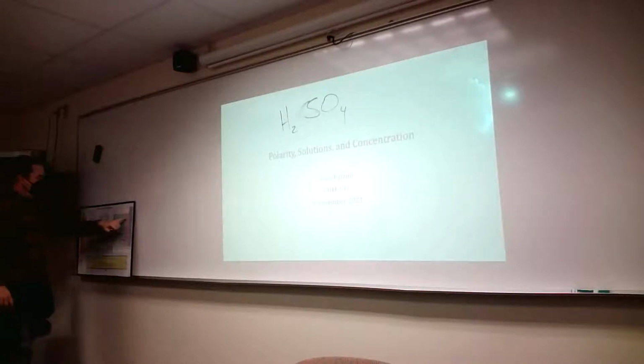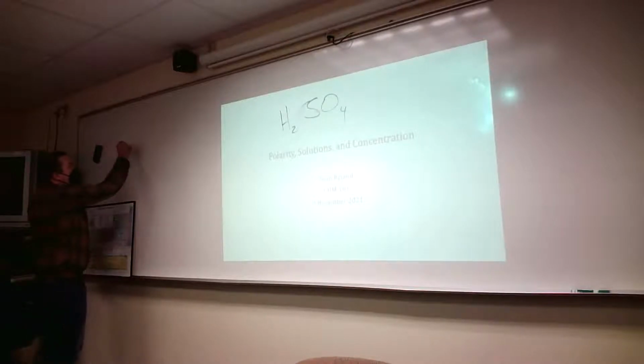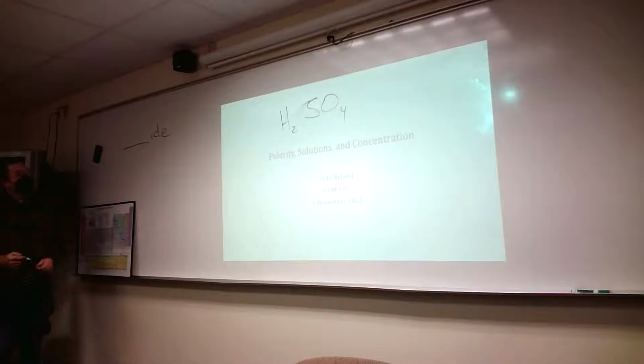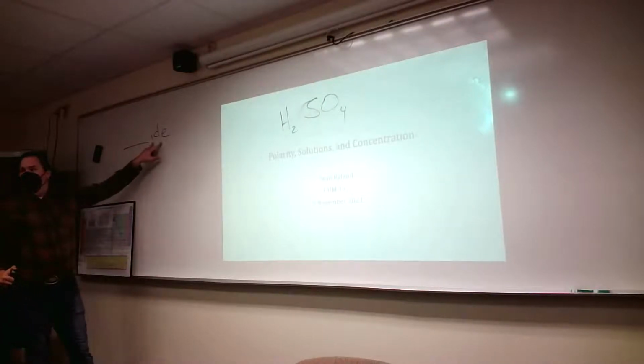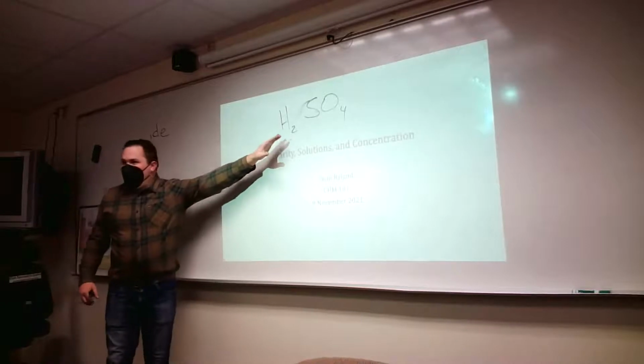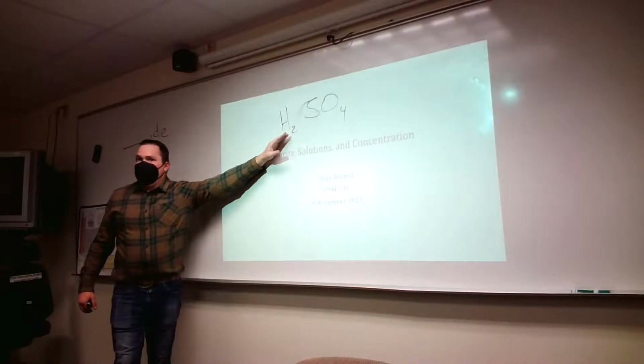If it's something on the periodic table and you give it a negative charge, what does it end in? Ide, right? Chlorine with a negative charge becomes chloride. So if it ends in ide, when we name it as an acid, we're just going to change the ending here and add the word acid at the end. Naming it as an acid says that the positive charge is an H+.